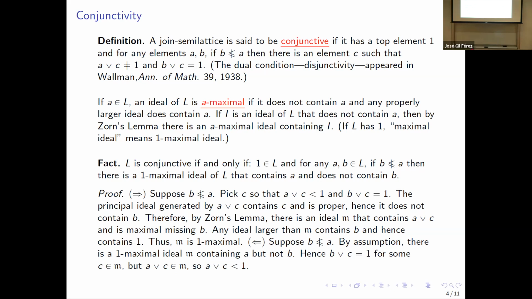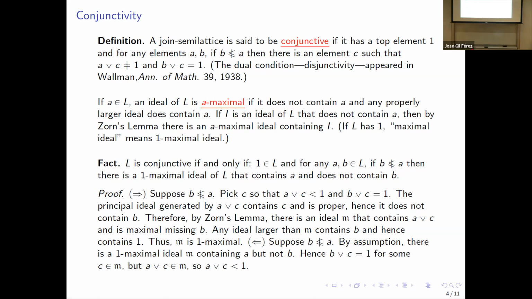We can run through the proof quickly. Going forward from the conjunctivity hypothesis to the existence of maximal ideals: if B is not less than A, then we can pick a C so that the sup of A and C is less than 1 and the sup of B and C is equal to 1. The principal ideal generated by A sup C doesn't contain B, so it's contained in a B-maximal ideal.